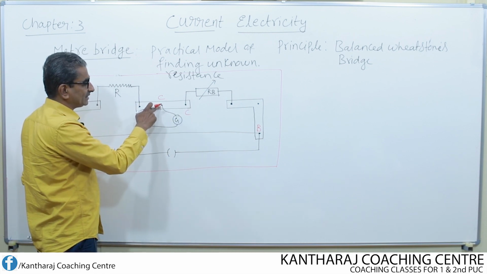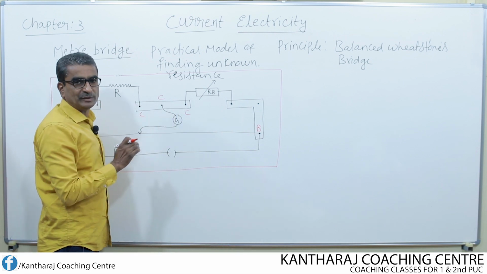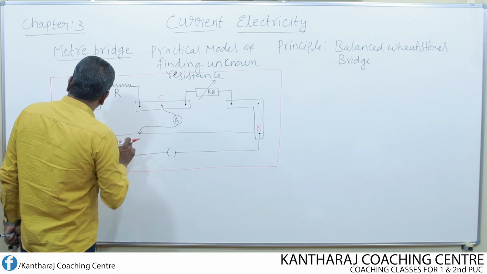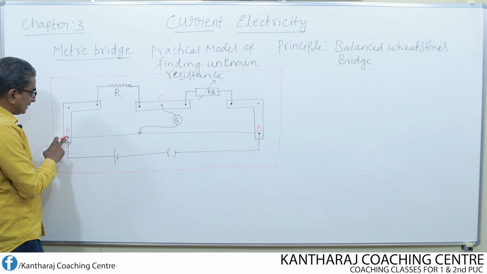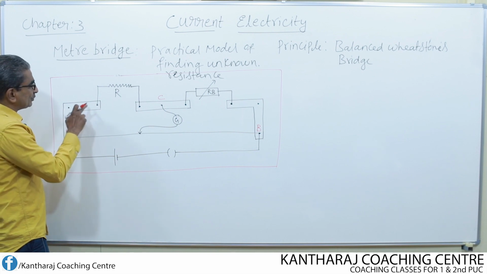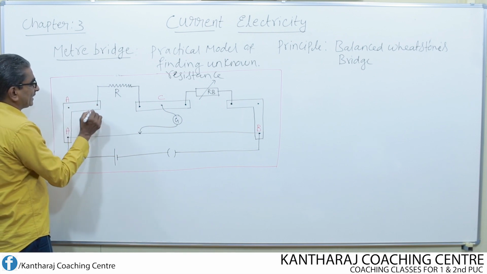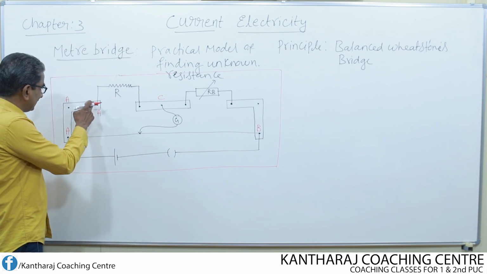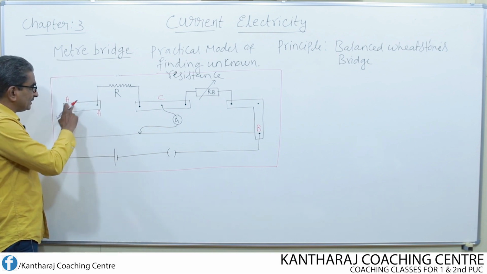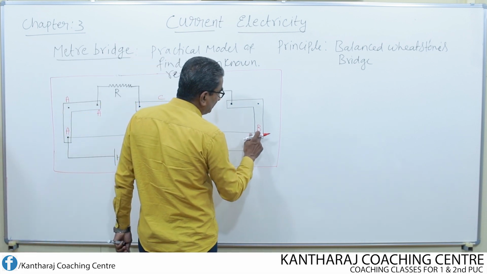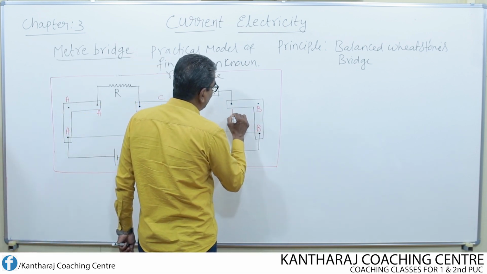Similarly, since I consider this terminal as A, these two terminals should also be considered as A itself, because again all these terminals are present on the same common strip. Once again, if this is B, this is also B.